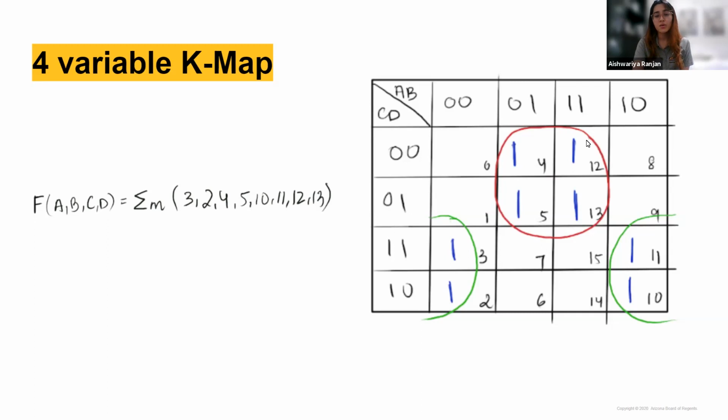So this red box could be labeled with B, C bar. And for the green group, you would see that both of them are in columns where B is 0, and they're in rows where C is 1. So that is another group you would make. That would be B bar C.